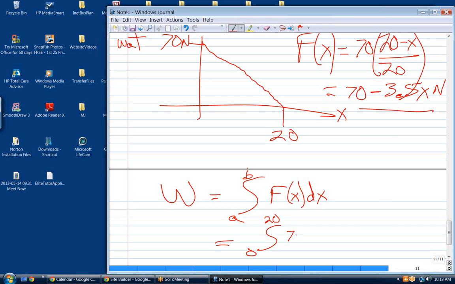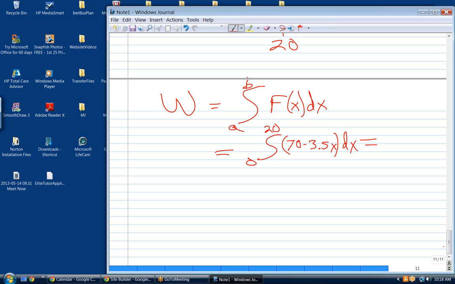So the force function is 70 minus 3.5x dx. And that's an easy one to integrate. What's the antiderivative of this integral here?